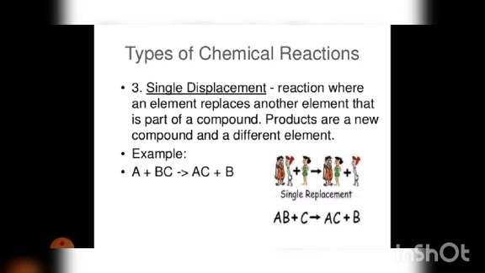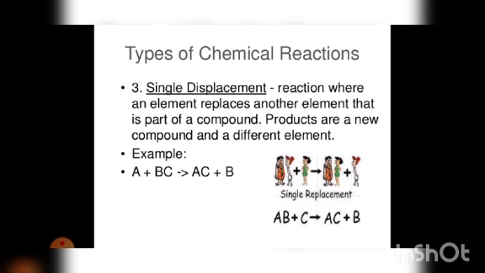You can see AB plus C gives rise to AC plus B, or A plus BC gives rise to AC plus B. Here one condition is necessary. That condition is that the element which displaces the other element should be more reactive than the previous element.